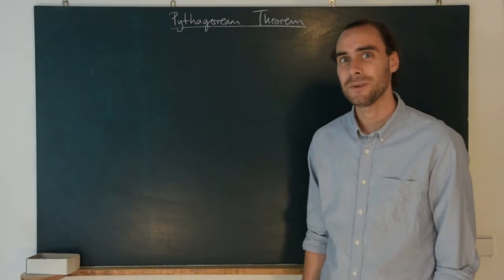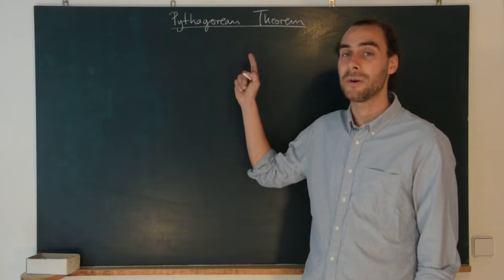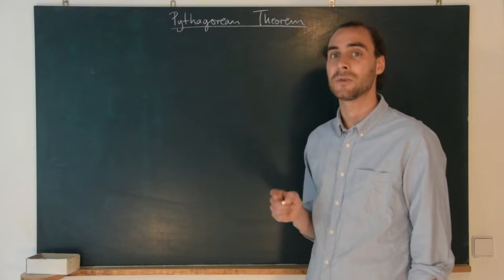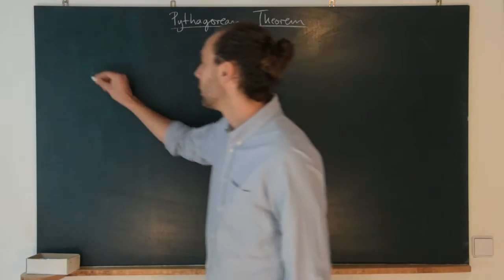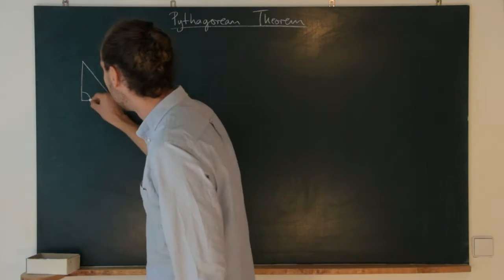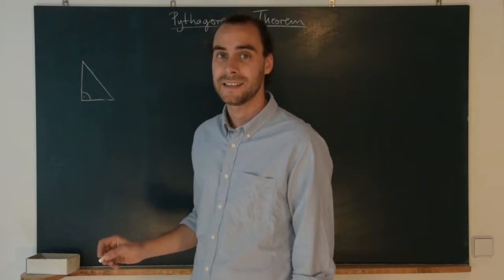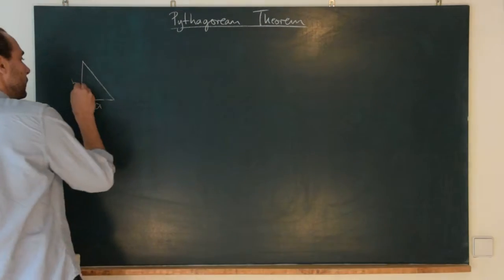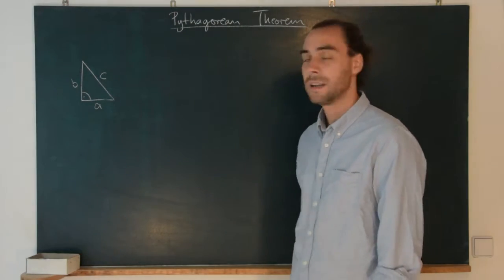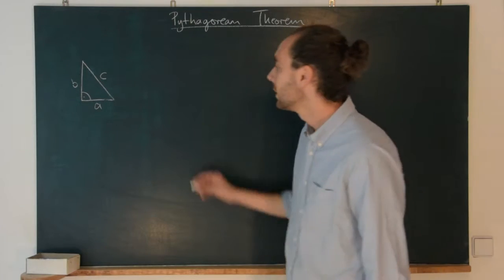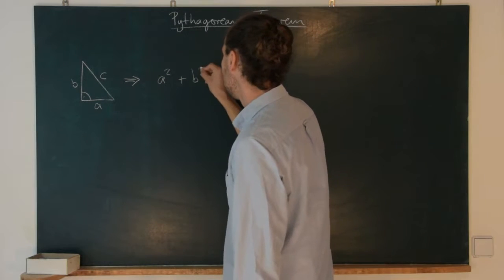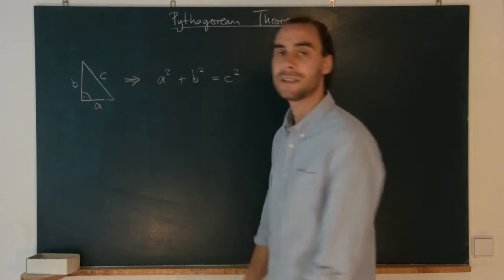Hello! Today I want to show you a proof for the Pythagorean theorem. This famous theorem states that in a triangle with a right angle in it, which looks like that, and the right angle maybe here, and the sides named A, B, C, for these sides the following equation is valid: A squared plus B squared is equal to C squared.